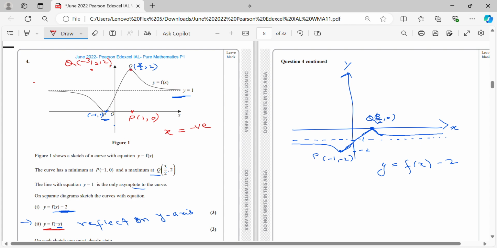Okay, and the asymptote will remain same because it won't affect the asymptote. So now it's just time to draw it. So this is my maximum point. Okay, let's join the maximum point with the minimum point.